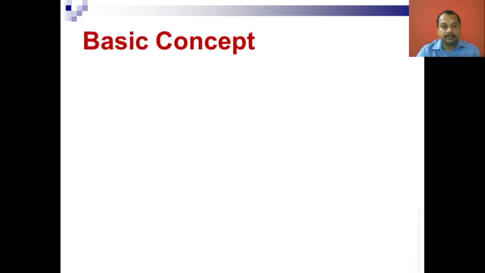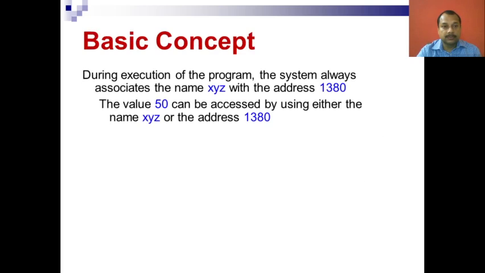Okay. So during execution of the program, the system always associates the name xyz with the address 1380. The value 50 can be accessed by using either the name xyz or the address 1380.